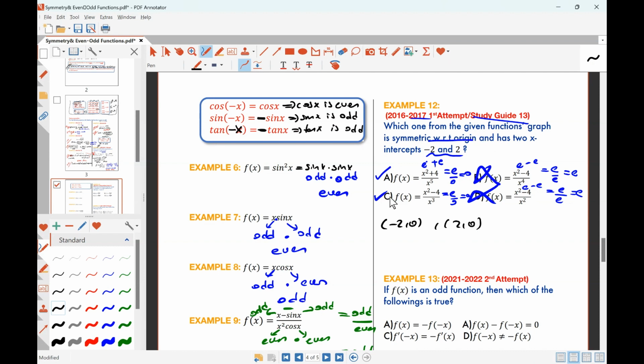Let's look at option C. When you substitute 2 for x, 0 for y, does it satisfy? 2 squared is 4, 4 minus 4 is 0, 0 over 2 cubed is equal to 0, that's true. Substitute negative 2. Negative 2 squared is 4. 4 minus 4 is 0. 0 over negative 8 is also 0. So that's also true. So our answer is option C.